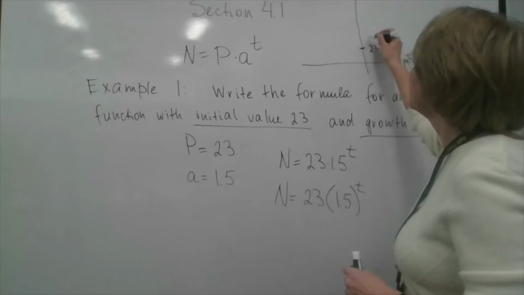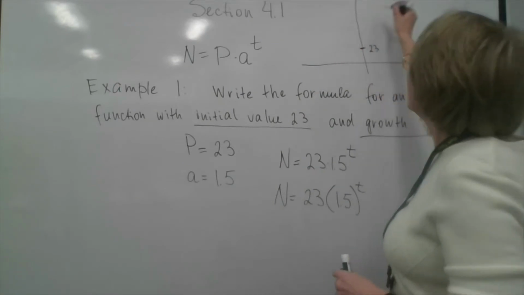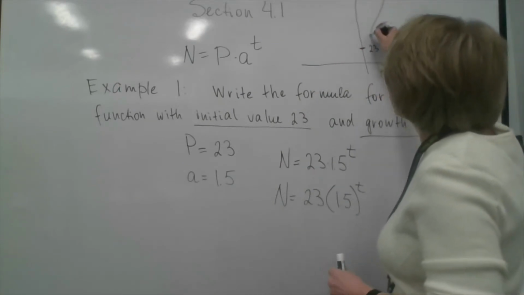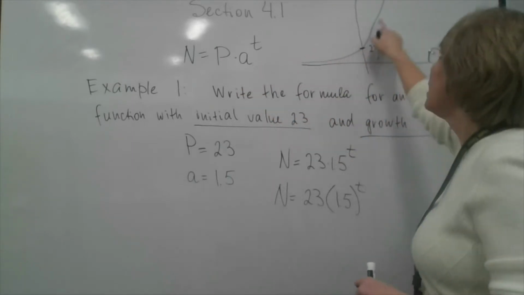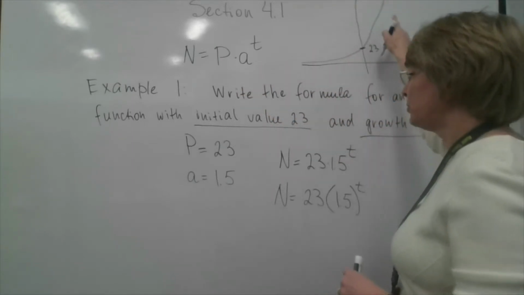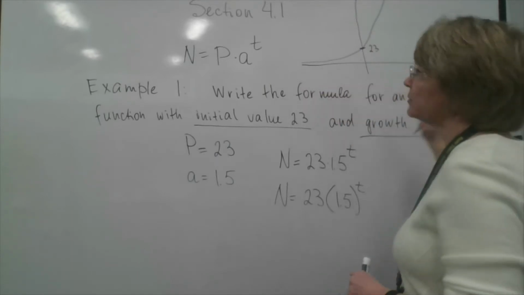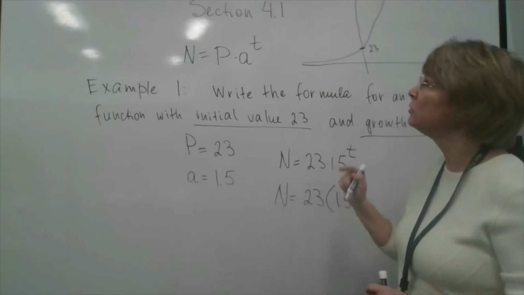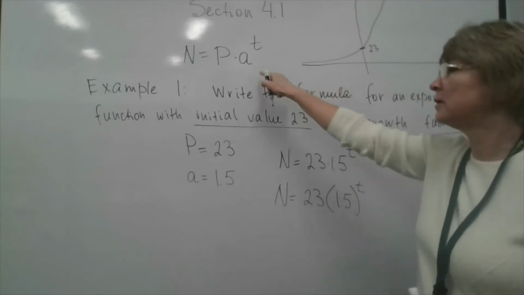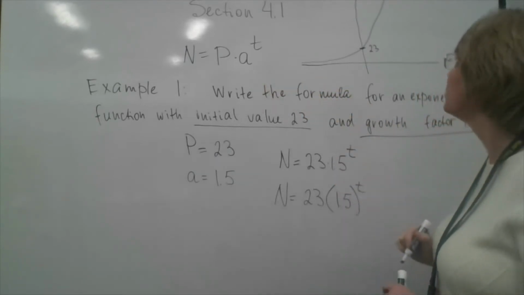Look for the line that goes through this point, and the line is supposed to go this way. Your graph will never go below the x-axis. It will go really close to the x-axis, but never below it.